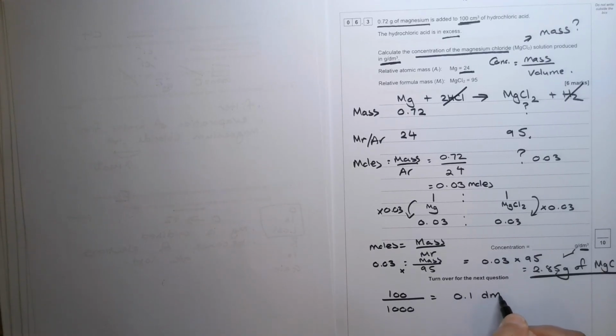So 0.03 times 95 is 2.85 grams of MgCl2. So I've got my mass. Volume, okay, right. They've given me 100 centimeter cubed. 100 over 1,000 should get me decimeter cubed. So that's 0.1 dm cubed.